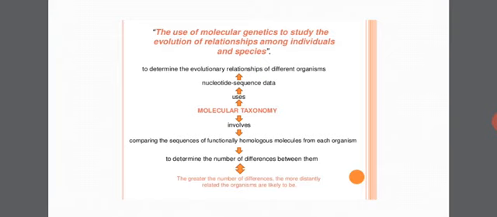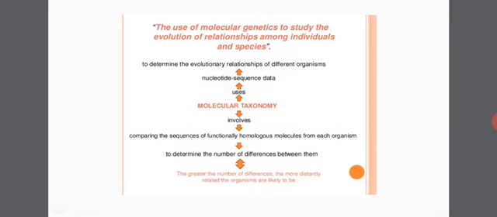So it also involves comparing the sequences of functionally homologous molecules from each organism and determining the number of differences between them. So the greater the differences, the more distantly related the organisms are likely to be. So this is all about molecular taxonomy and cladistics and phenetics.